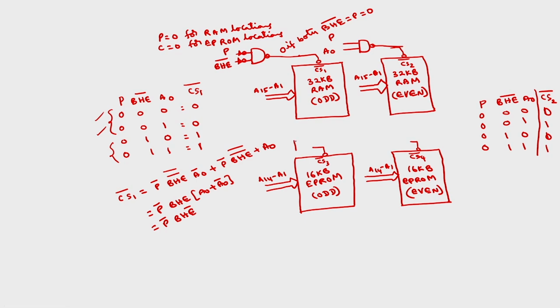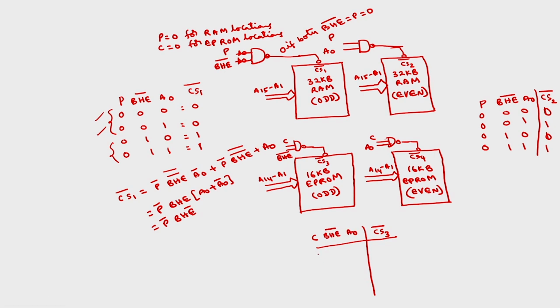Similarly, here we will get NAND gate outputs. The inputs of this one will be C, BHE bar, and here this will be C, A naught. In a similar manner, you can check for this. If you want CS3 bar, the inputs will be C, then BHE bar, A0.